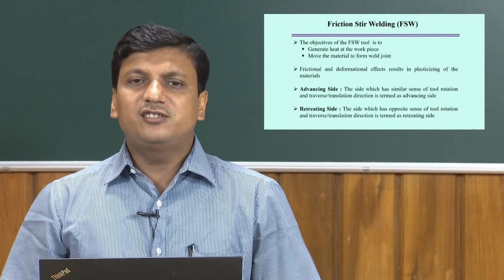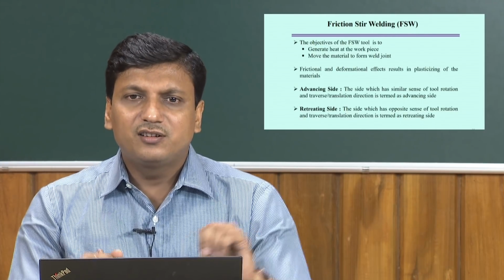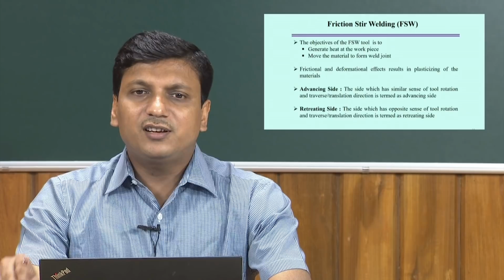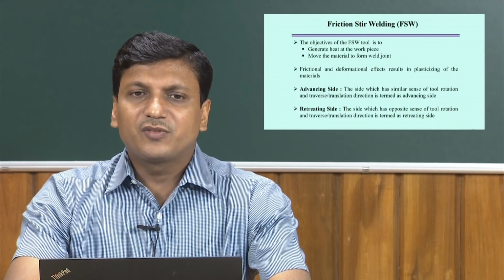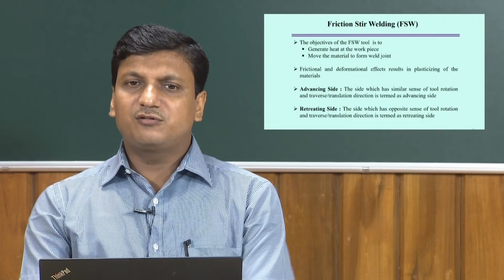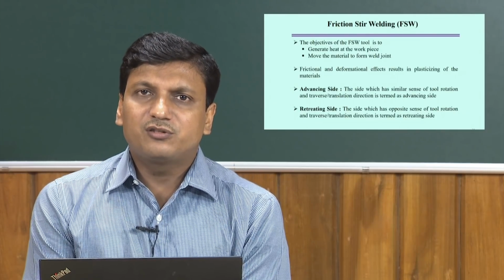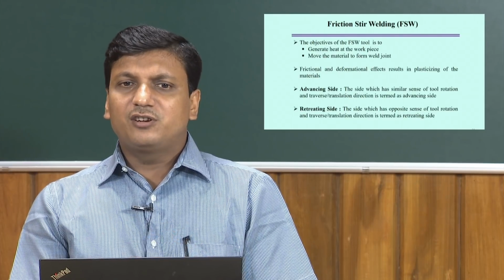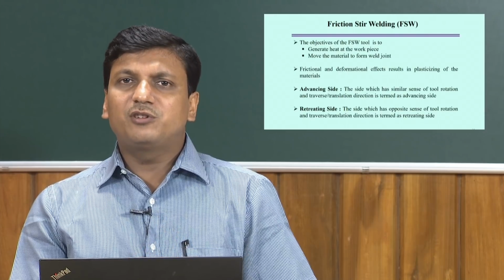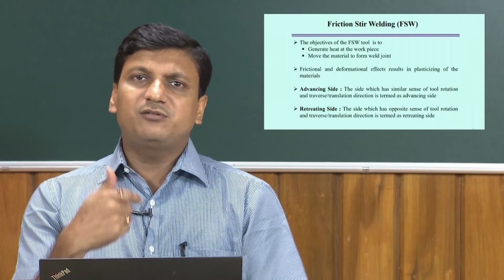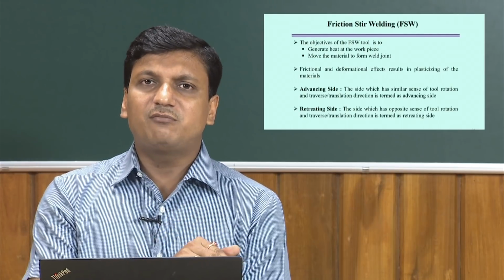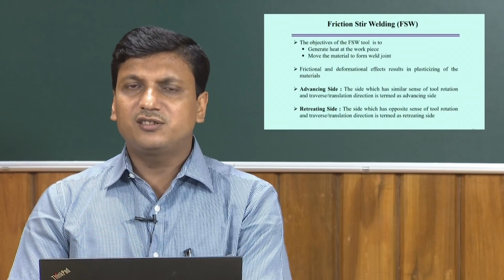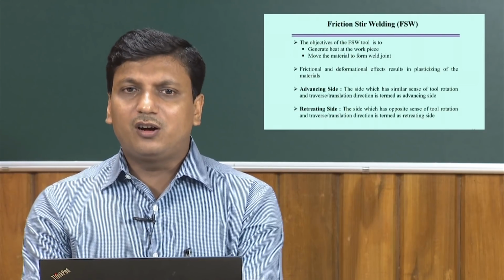The advancing side is where the tool rotational direction and the transverse direction of the tool are the same; that is called the advancing side. The retreating side is just opposite, which means the linear velocity of a point due to tool rotation and the transverse speed of the tool are in opposite directions. So, with respect to the weld center line we can define one as the advancing side and the other as the retreating side, depending upon the direction of the rotational speed as well as the transverse speed of the tool.